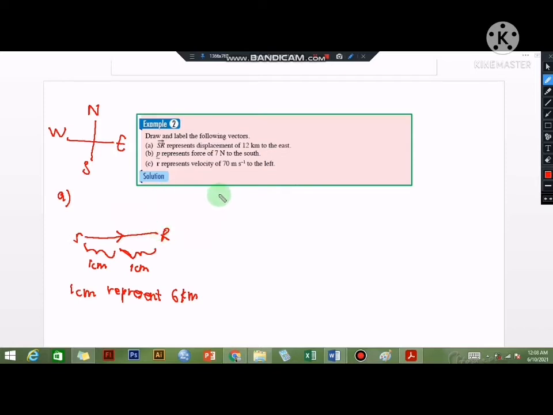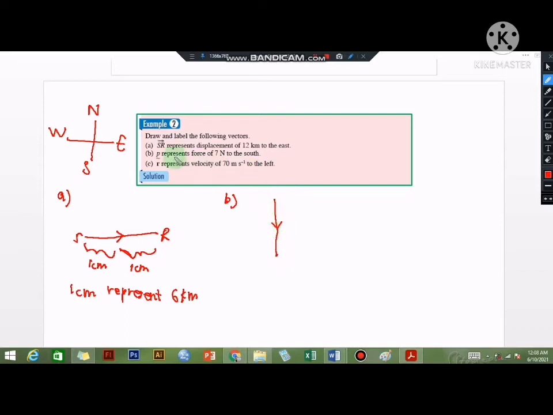Now let's look at B. Vector P represents a force of 7 Newton to the south. South is downward, right? So you draw it downward.